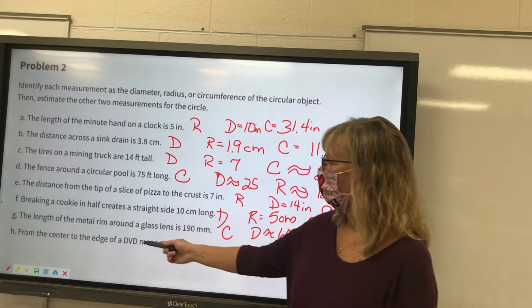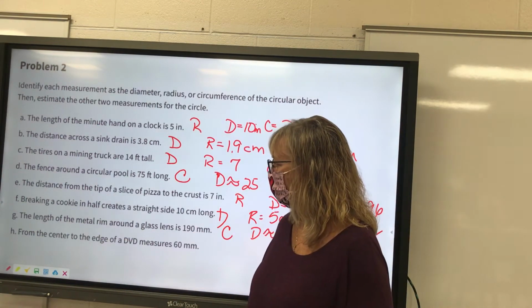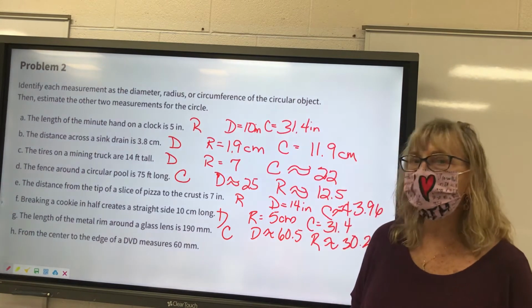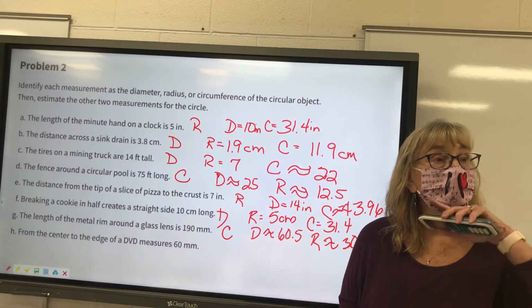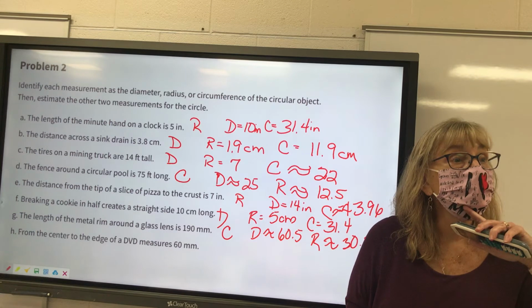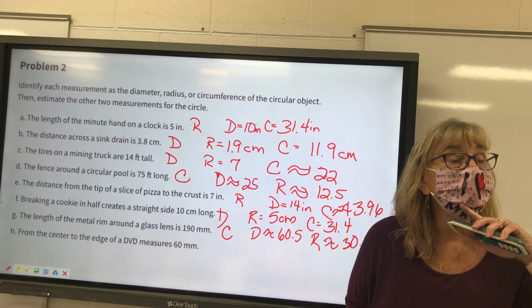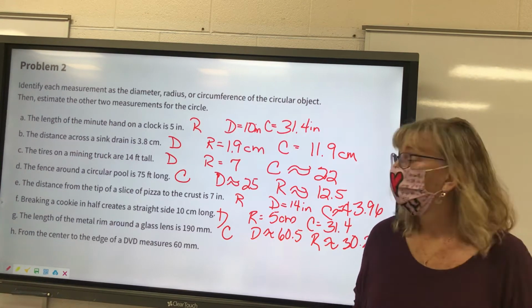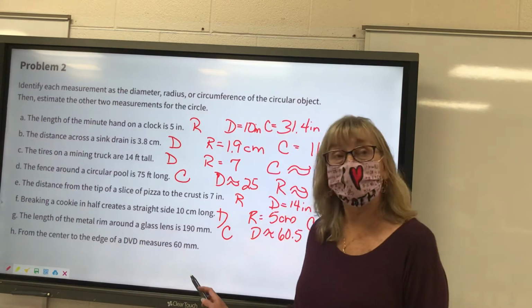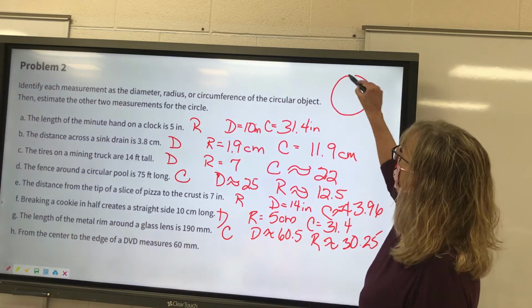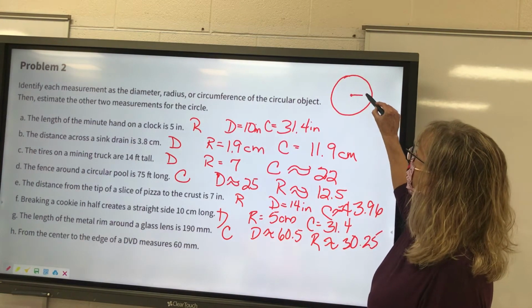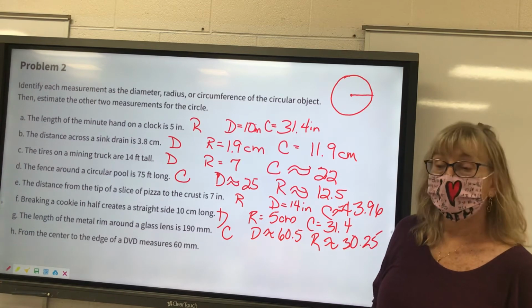Okay, and the last one, from the center to the edge of a DVD. Radius. Do you agree with him? All right, from the center to the edge. So here's your picture. From the center to the edge, like basically like this.